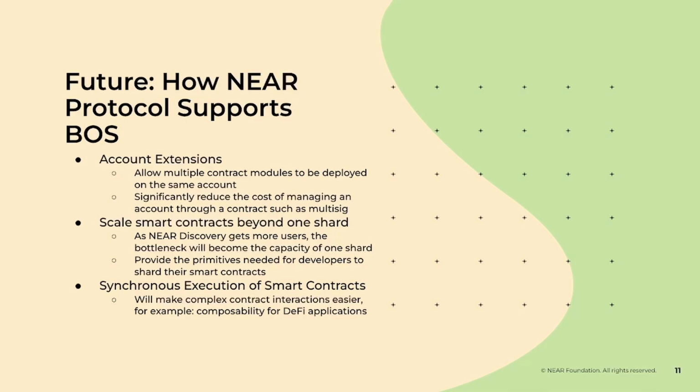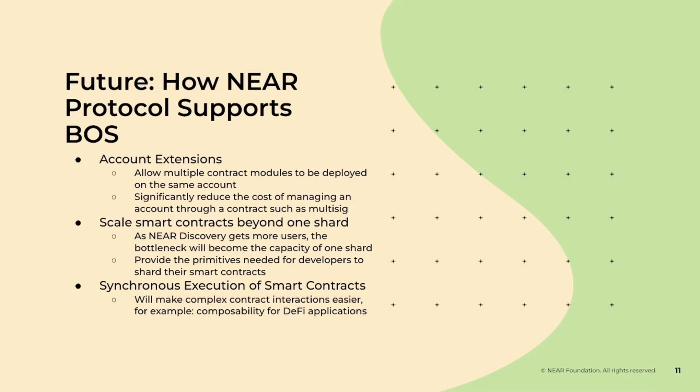So we're thinking about how we can provide primitives to allow developers to easily shard their smart contract when there's a need to do so. The idea is that the smart contract would be deployed on every single shard, and the data will be stored on user accounts so that the smart contract can take full advantage of Near's sharding model.